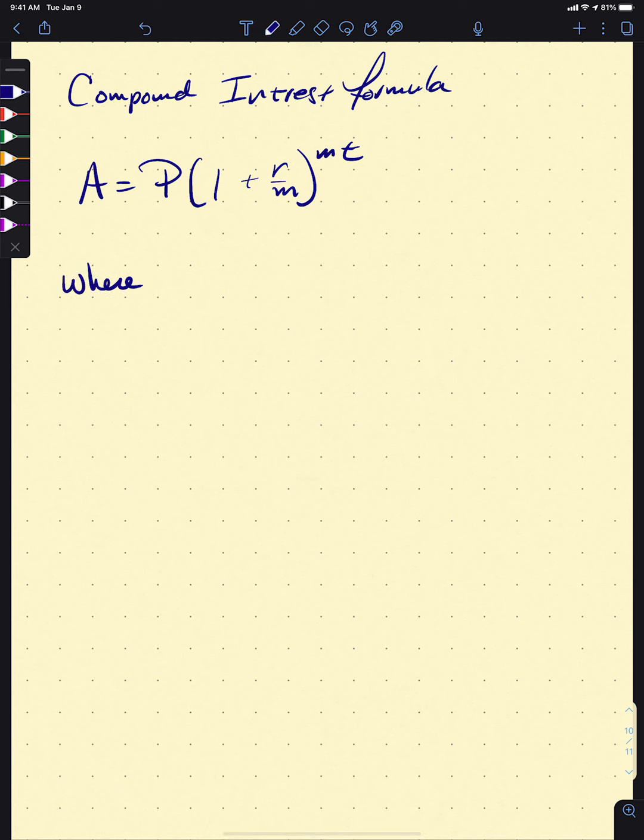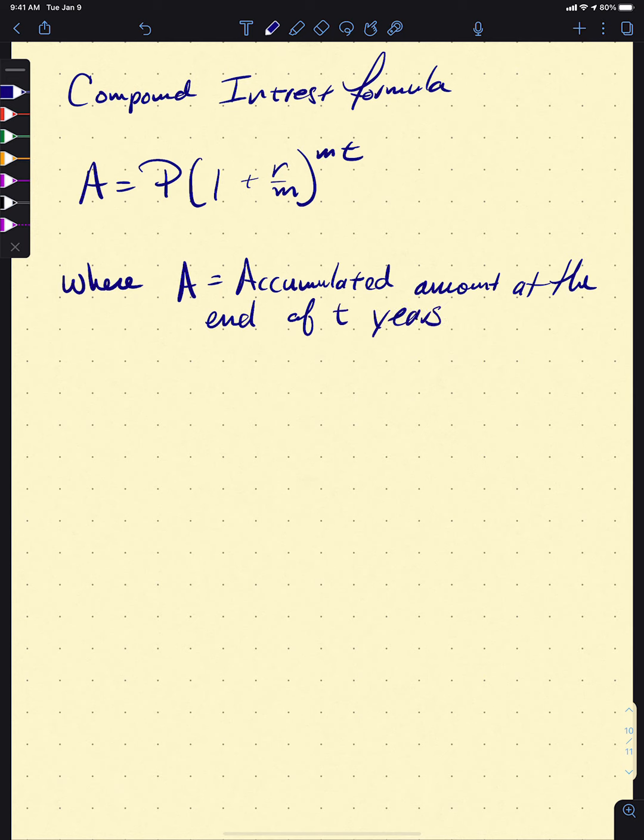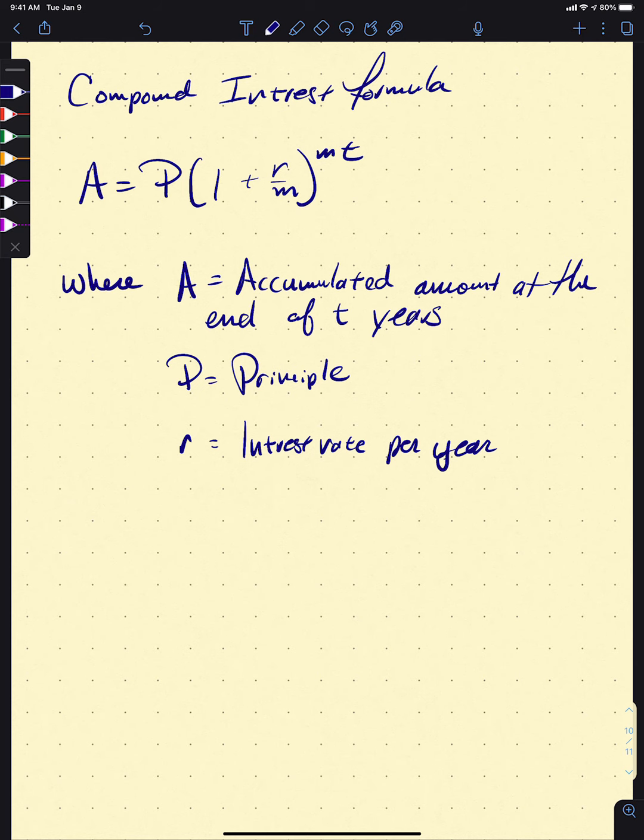But let's define all of these variables. A is my accumulated amount at the end of t years. P is my principal. R is the interest rate per year. So, maybe something like 8%.